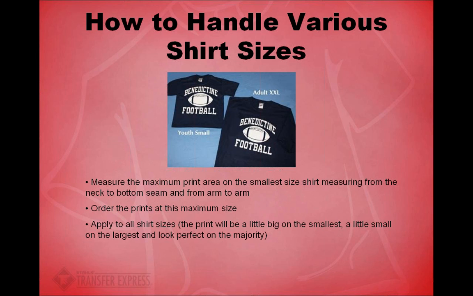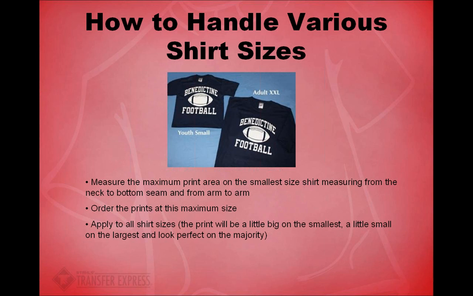That way the print you're ordering, because we're trying to stick to one size print, is going to work for all of them. So order the prints at the maximum size that you can, the biggest size that you could possibly get on the smallest shirt you want to order. You'll apply them to all shirt sizes.